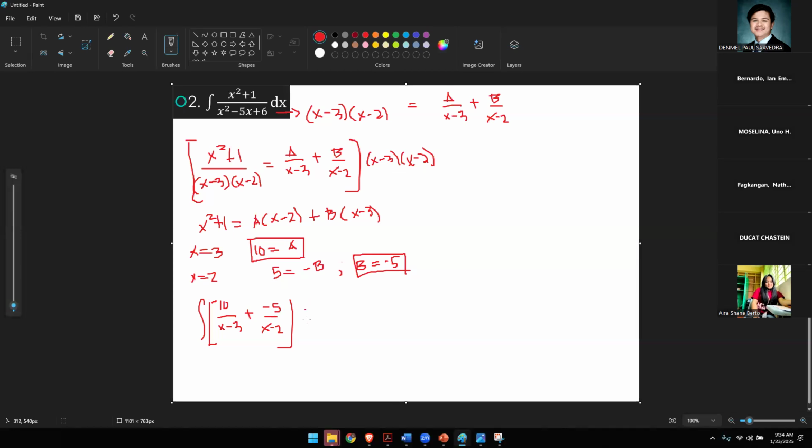Okay, so this one is equal to negative 10 integral sign of dx over x minus 3 minus 5 integral sign dx over x minus 2.